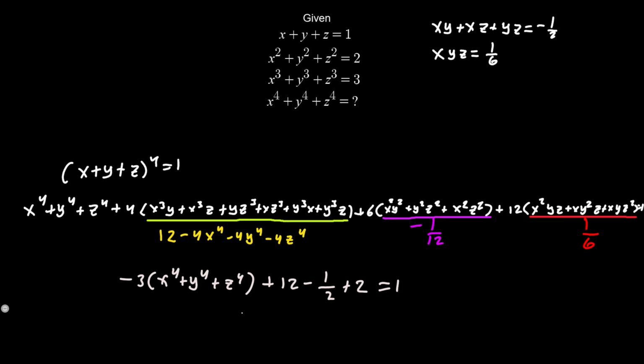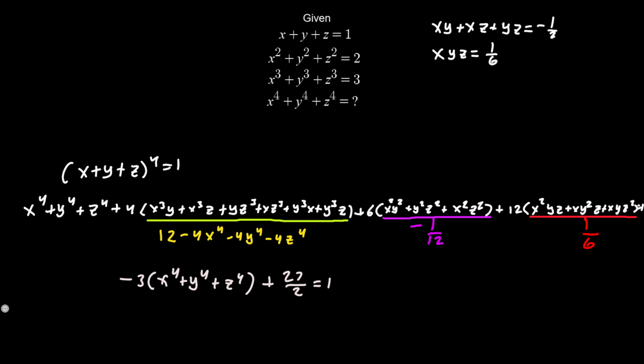So we're pretty much going to go ahead and combine everything. So we'll have 14 minus 1/2, which will just be 27 over 2. And we're going to subtract that as well.